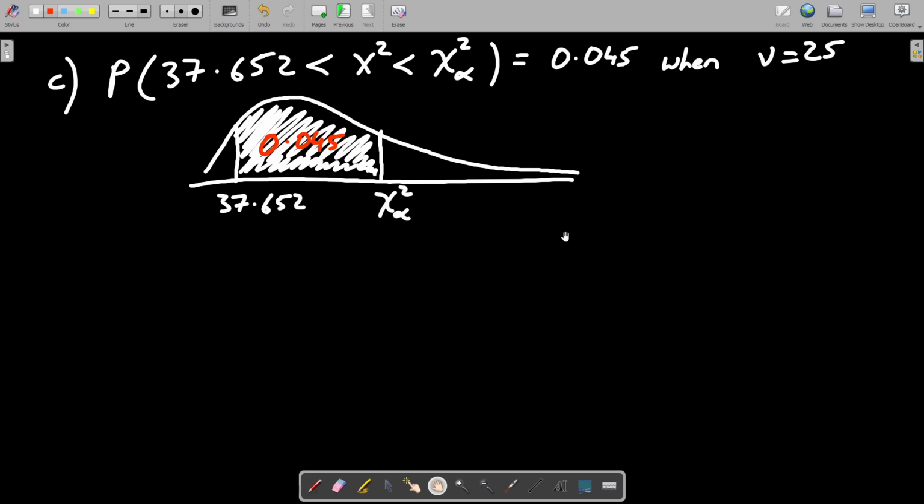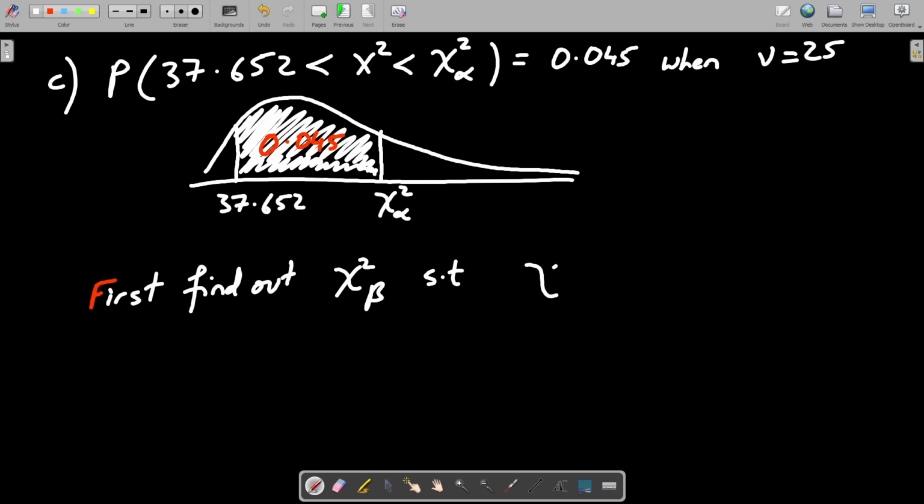First, we're given this thing. First, find out chi-square beta, I call it chi-square beta, such that chi-square beta is equal to 37.652 for 25 degrees of freedom.